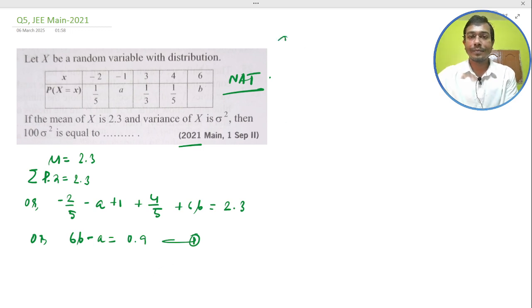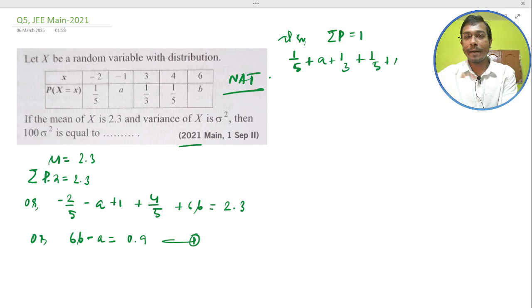Also, you have known the summation of total probability is 1. Sum over p is always 1. That means 1 by 5 plus a plus 1 by 3 plus 1 by 5 plus b is equal to 1, or a plus b is equal to 4 by 15.